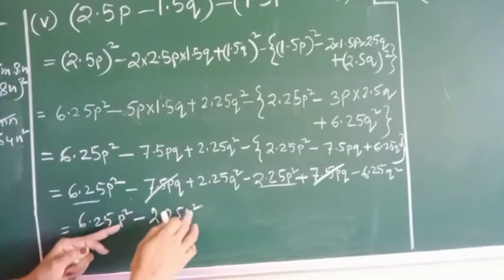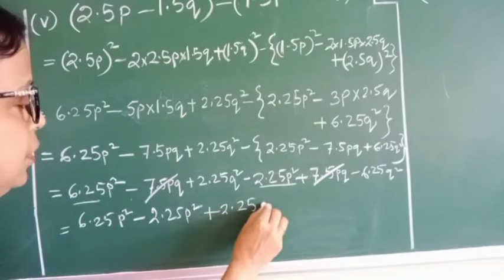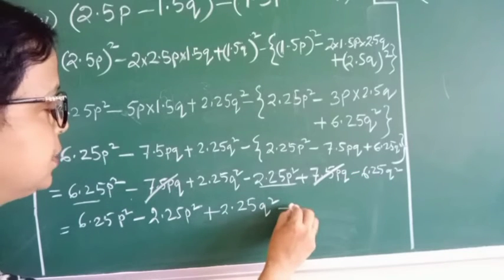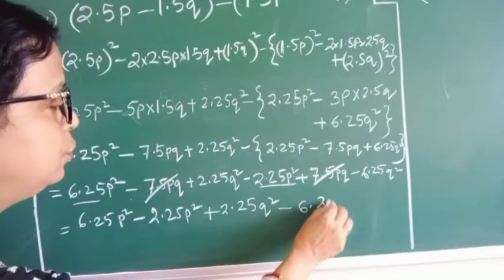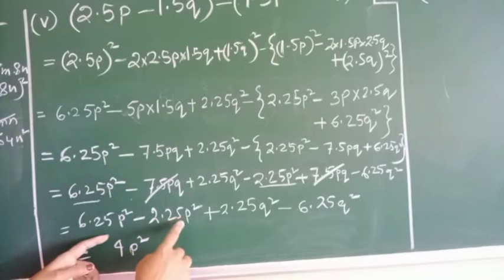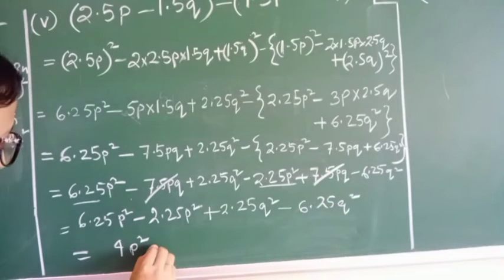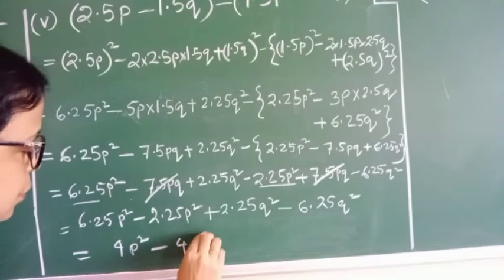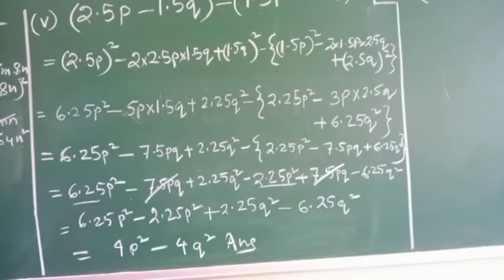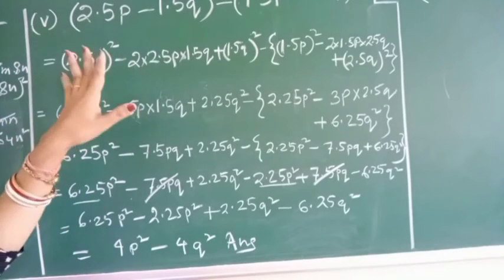Now we are arranging according to their like terms. 2.25 q square minus 6.25 q square. When we subtract this, we will get 4 p square, because 0.25 is gone, plus 2.25 minus 6.25, that means minus 4 q square. The sum is slightly long, but these are very useful when you are practicing.